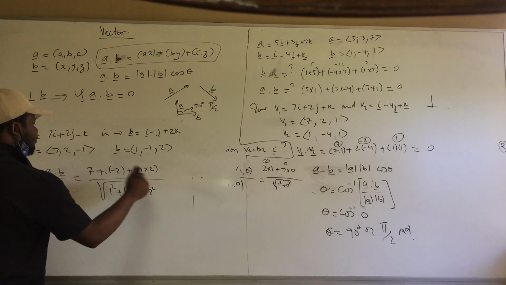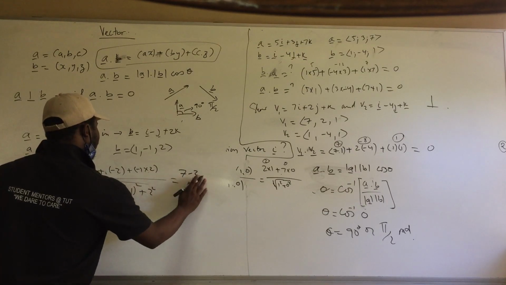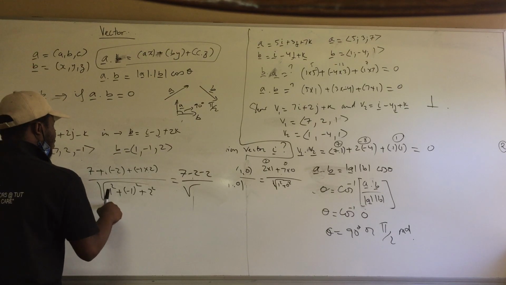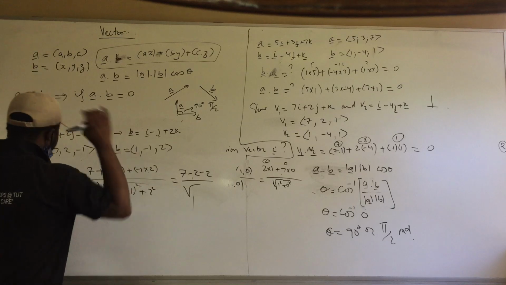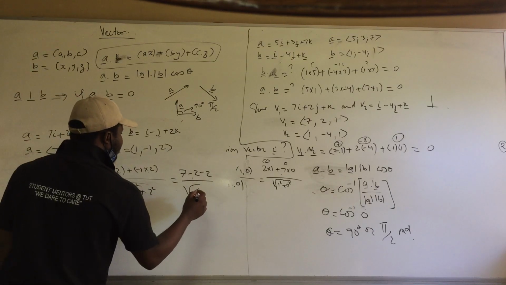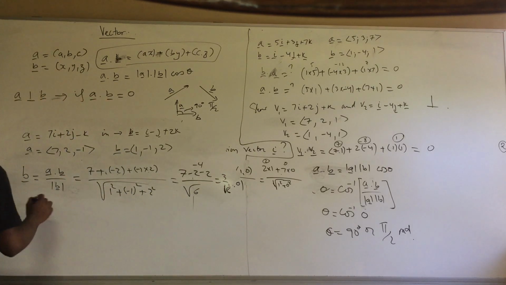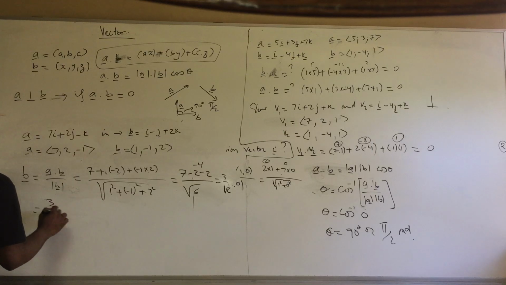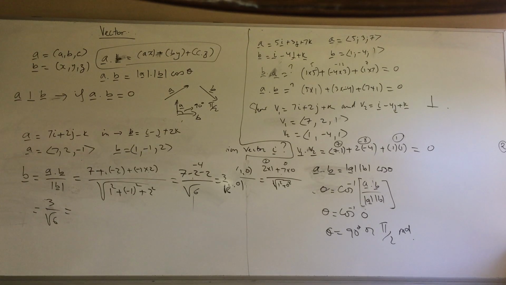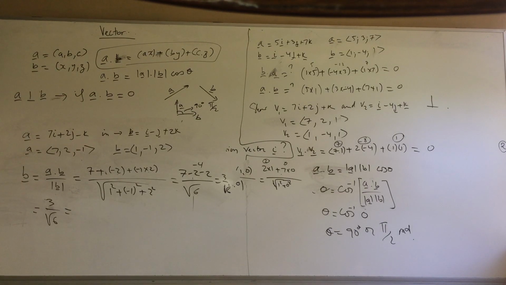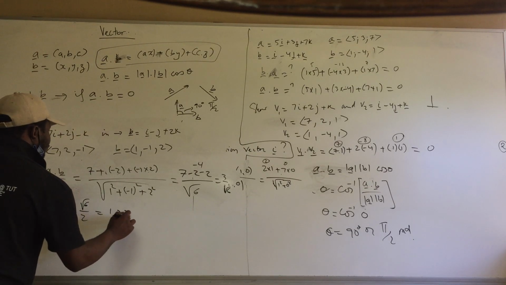It's going to be 7 minus 2 minus 2 over the square root of 1 plus 1 plus 4, which is 6. So it's 3 over the square root of 6. If you punch the calculator, it's going to give you 1.22.